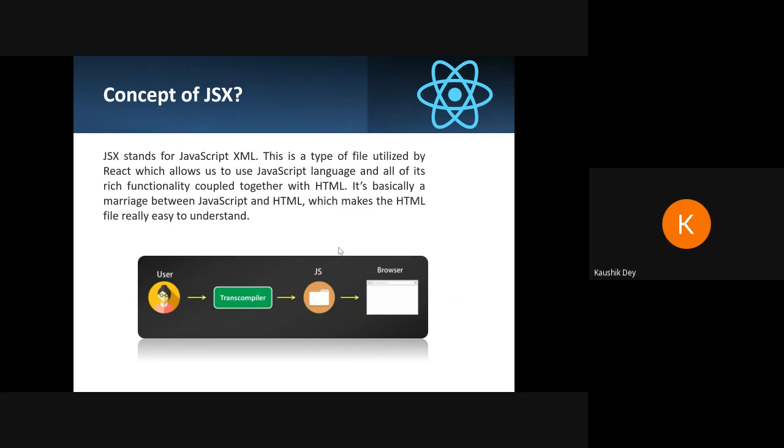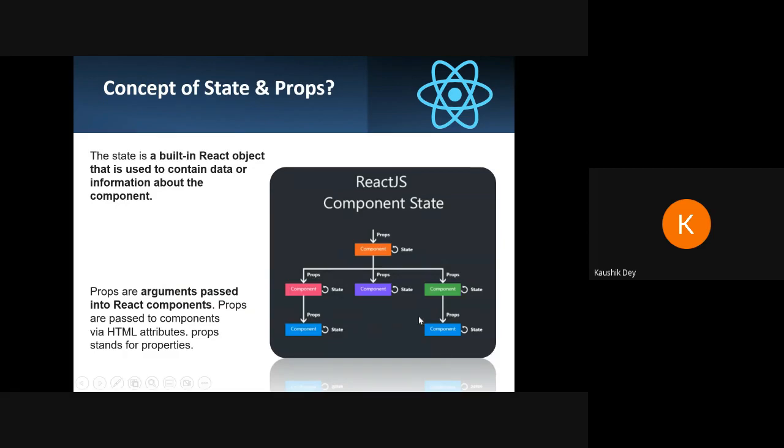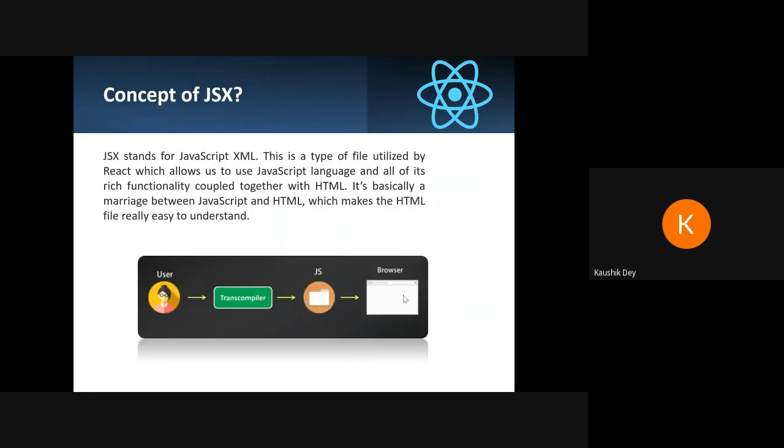In our React project we create components, and whatever logic we write is inside the JSX part. Component state and stateless components I will come to later. Up to this point, are there any questions?